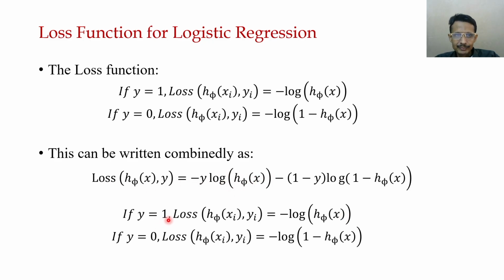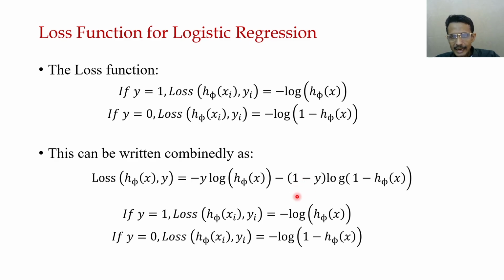When y is equal to 0, the first term goes to 0, the whole term, and the second becomes minus log of 1 minus h_theta(x).